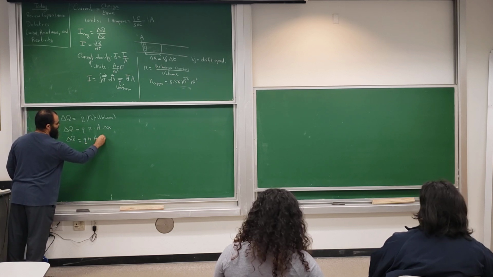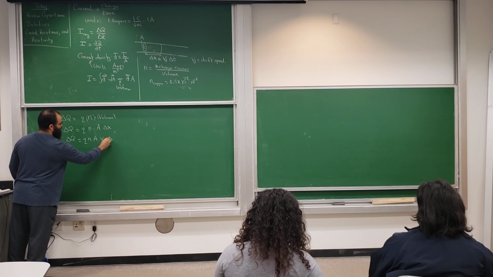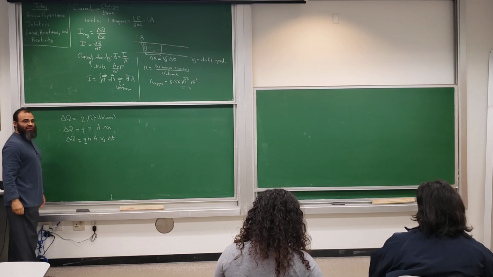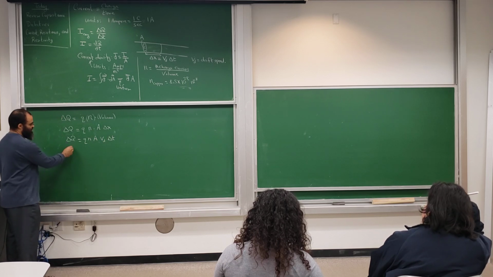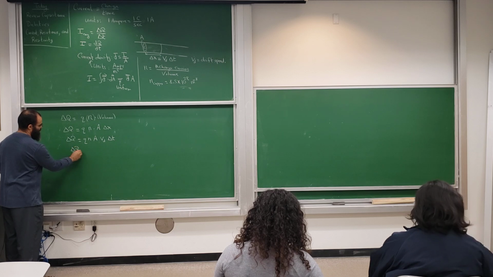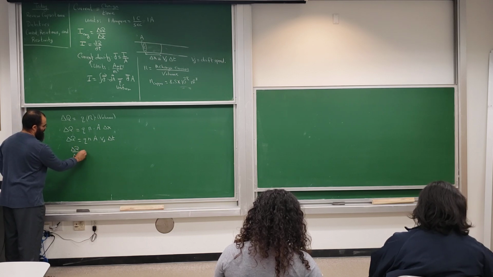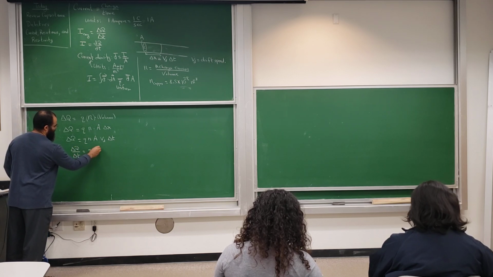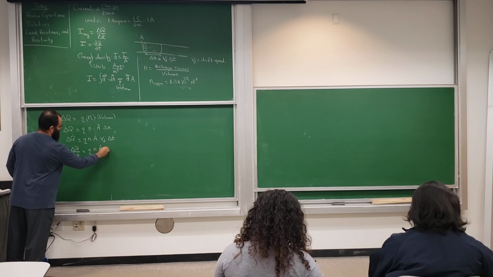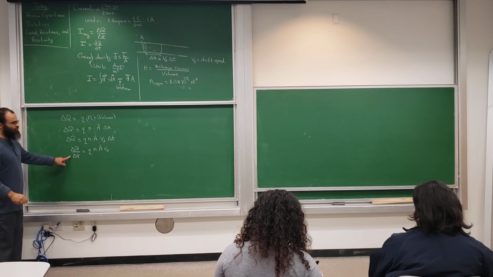But delta x is the drift speed times delta t. So delta q over delta t will equal n q v_d. What's delta q over delta t? That's the current.